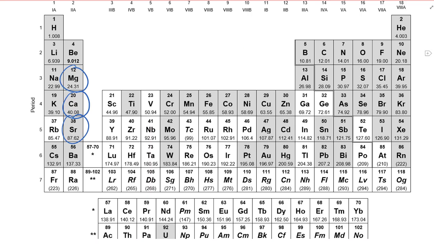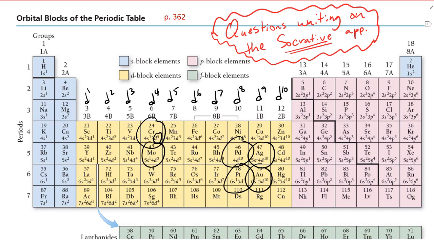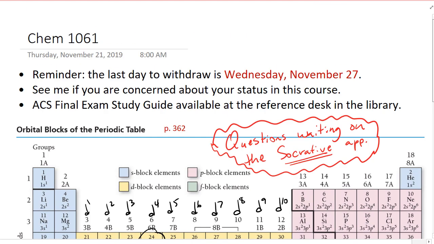All right. Now, the next thing we're going to get into, just some reminders first. First of all, reminder that the last day to withdraw is next Wednesday, the 27th. If you're concerned about your status in this class, please see me. Also a reminder that we do have an ACS Final Exam Study Guide that is available at the reference desk in the library.